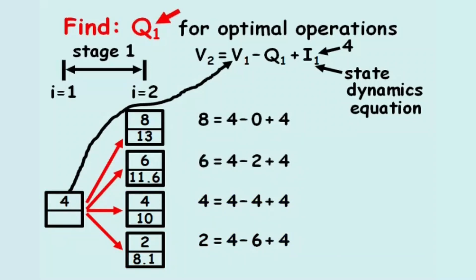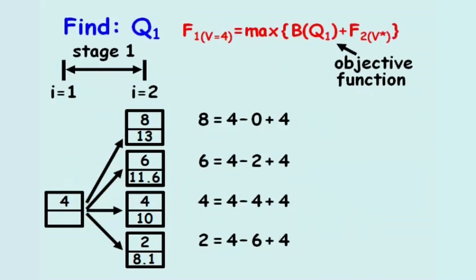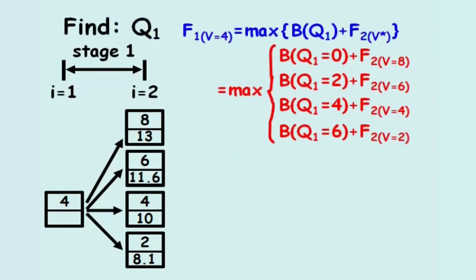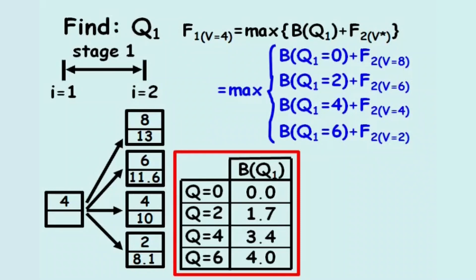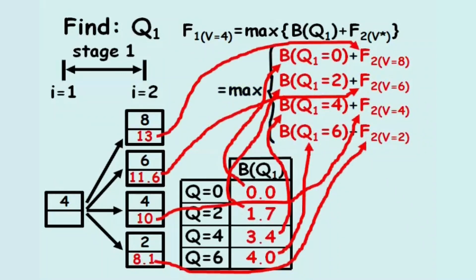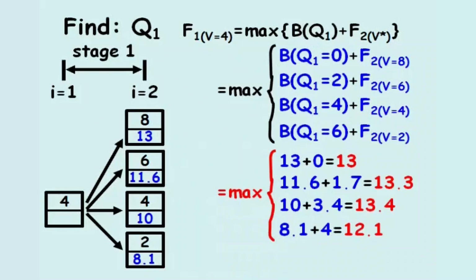Since the question asks to find the release in Stage 1, we can determine the solution by revisiting the objective function for this stage. Then write out the 4 terms, recall the benefits associated with each release quantity, plug in those benefits, as well as the future optimal objective function values, which equals the maximum of 13, 13.3, 13.4, and 12.1, which is 13.4.